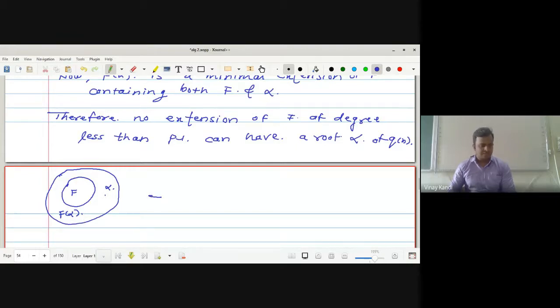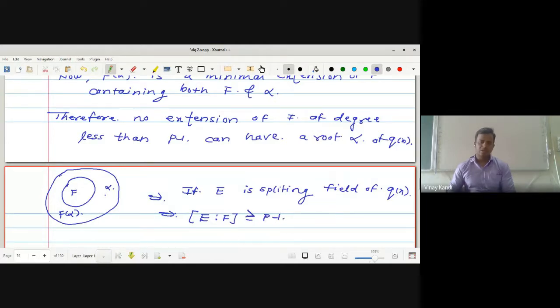So if E is the splitting field of q of x, it implies the degree of E over F must be either p minus 1 or greater than p minus 1.